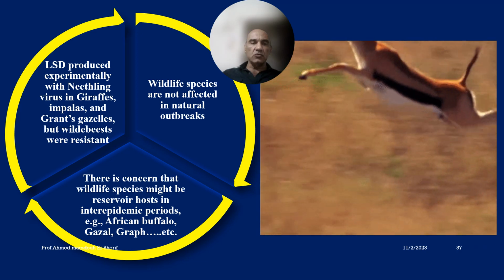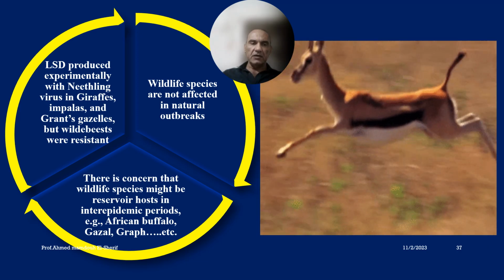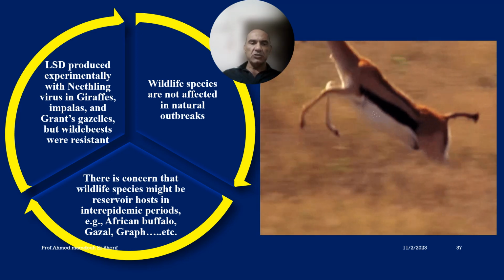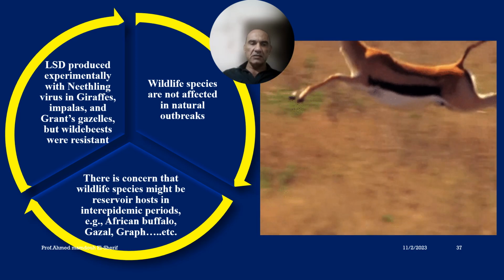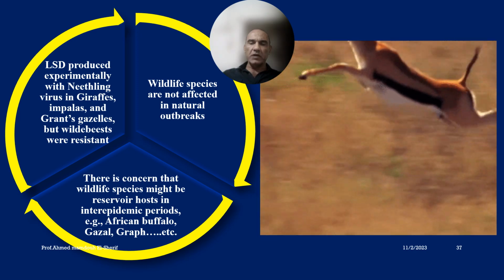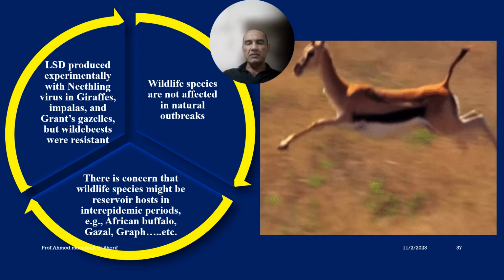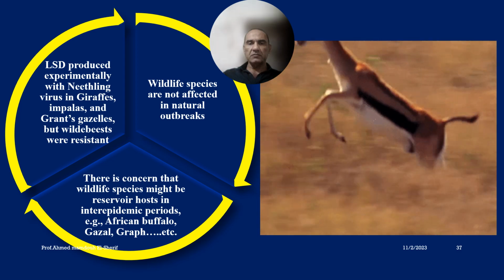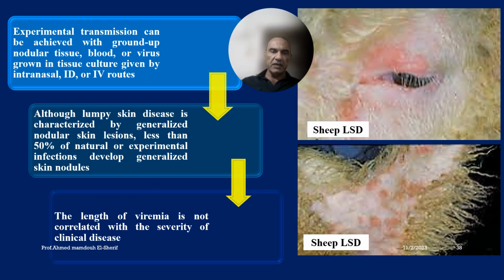Lumpy skin disease could be produced experimentally with the virus in giraffe, impalas, and Grant's gazelle, but wildebeest were resistant to this experimental infection. Experimental transmission can be achieved with ground up nodular tissue, blood, or virus grown in tissue culture given by intranasal, intradermal, or intravenous route.